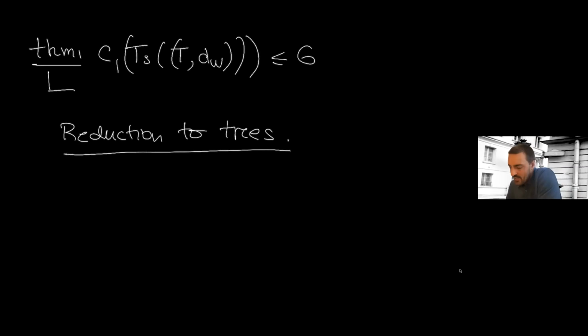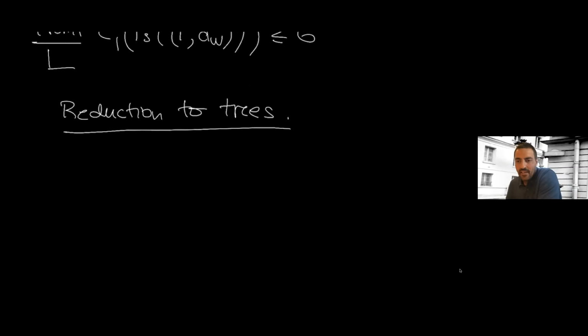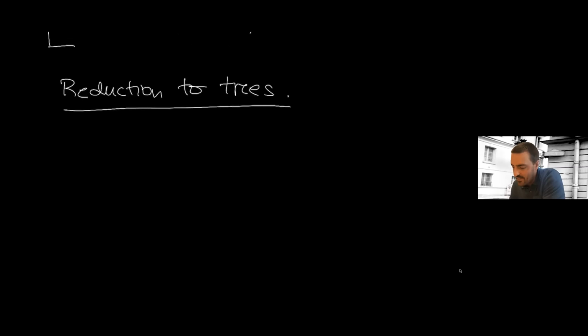Okay. So the most naive thing to try is to say, well, let's try to embed. So this is a bi-Lipschitz problem. Let's try to embed a metric space into a tree and see if we can use this information.